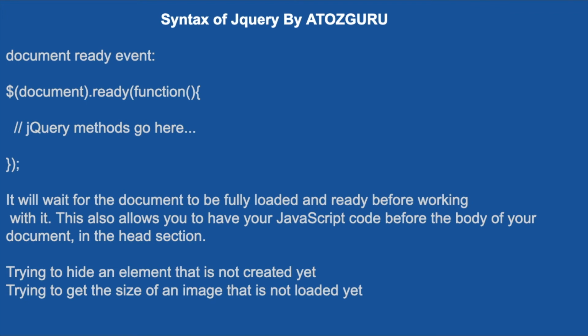So that's why first it will fully load the full document, then the event will fire. So that's why this is representing the same thing. First it will allow all the document to load, then the method will fire or execute.